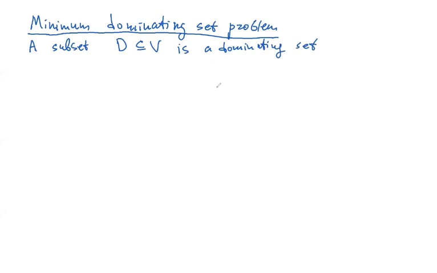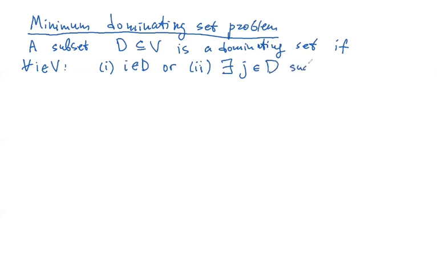If essentially every vertex in the graph is either a part of this set or has at least one neighbor in the set. So if for any i in V, we have either one, i is in D, or two, there exists another vertex j in the set D such that the edge ij is in the graph.